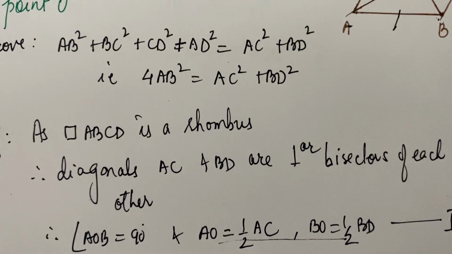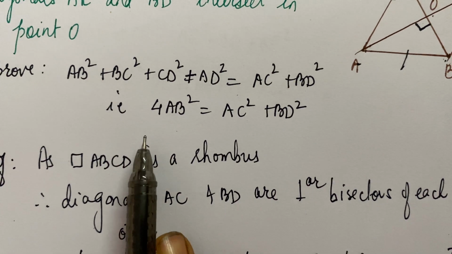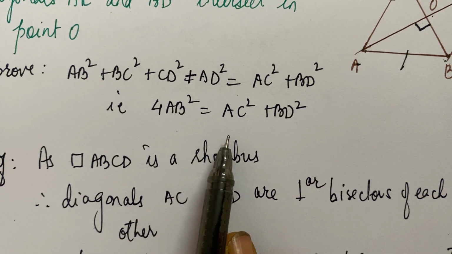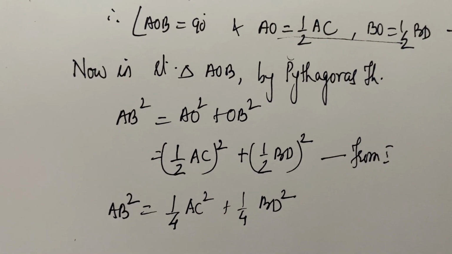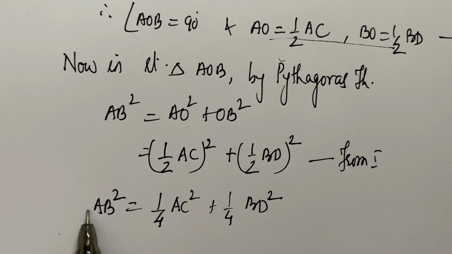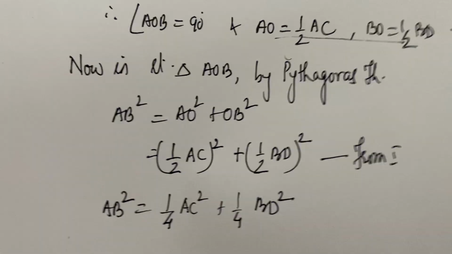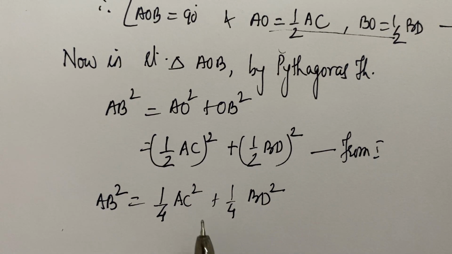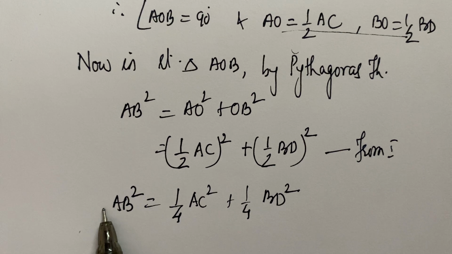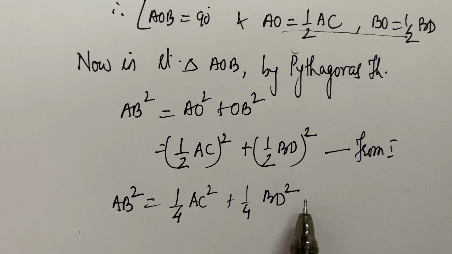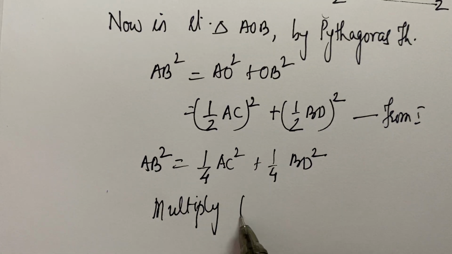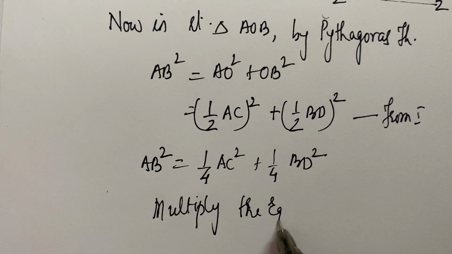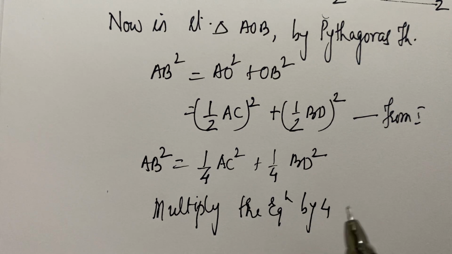What is your claim? The claim says it should be 4 times AB square is equal to AC square plus BD square. So what we are going to do is make it 4 times by multiplying this complete equation by 4. You need 4 times AB square, so multiply this equation by 4.